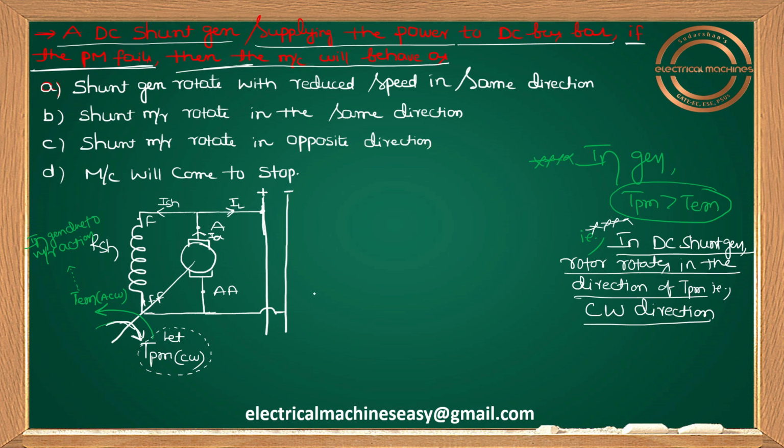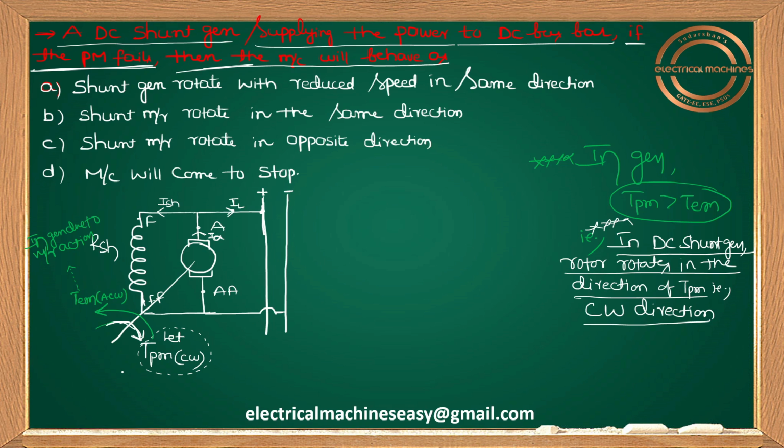Whenever prime mover fails, meaning the mechanical input to the generator is not there, the DC shunt generator will act as a DC shunt motor. Very simple.